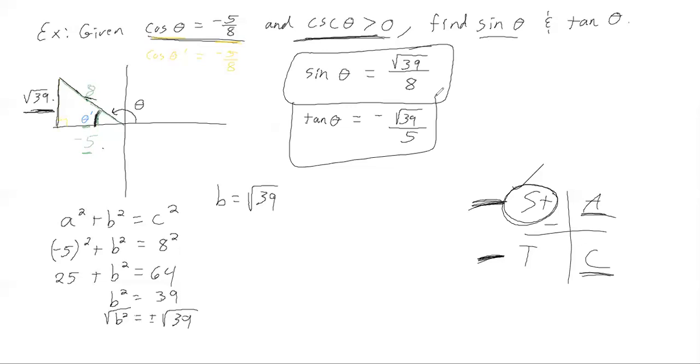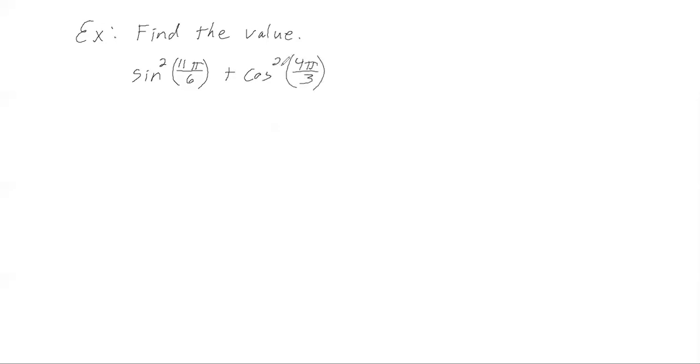All right, and one more example. We're going to have to find the value. Find the value. And suppose we have the sine of 11 pi over 6 squared plus the cosine of 4 pi over 3 squared.